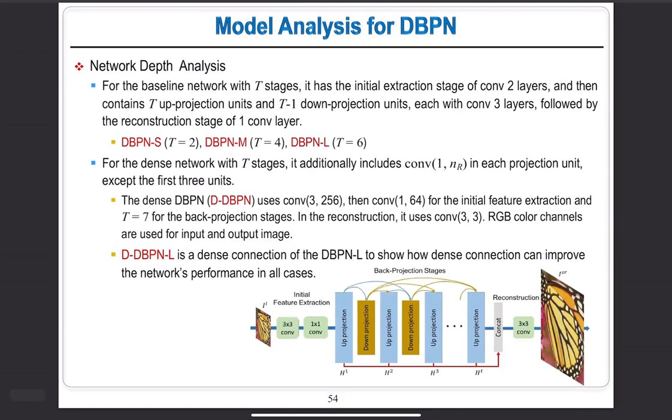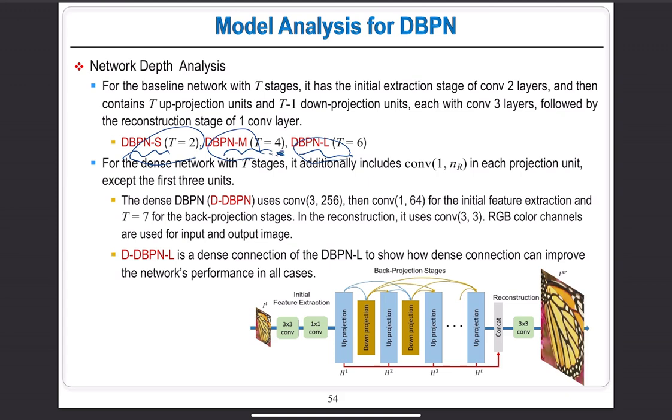And DBPN comes in several variants: DBPN S, M, L. DBPN S is shallow, DBPN M is medium, and DBPN L indicates large.